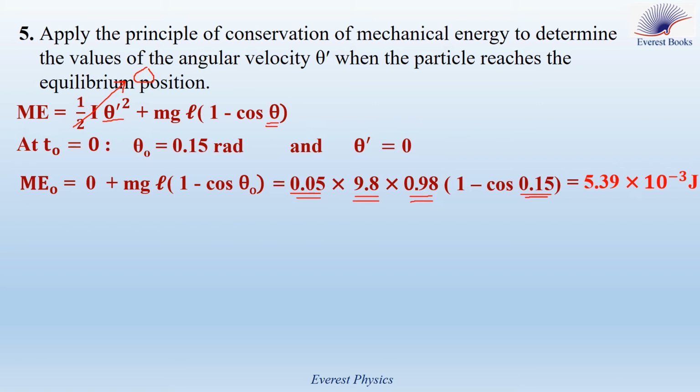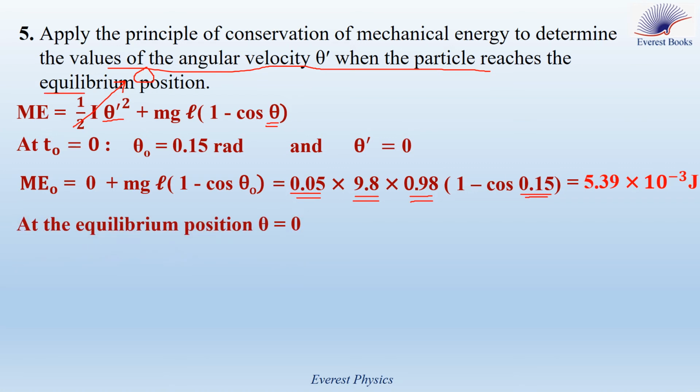Now, we want to calculate the values of the angular velocity theta prime at the equilibrium position. At the equilibrium position, theta is equal to 0. So we will replace theta by 0 in the above expression of the mechanical energy.